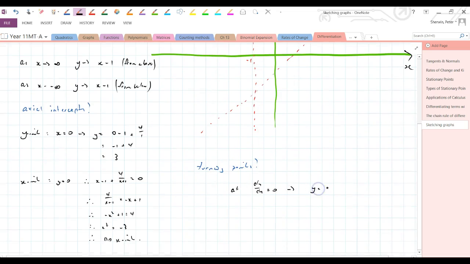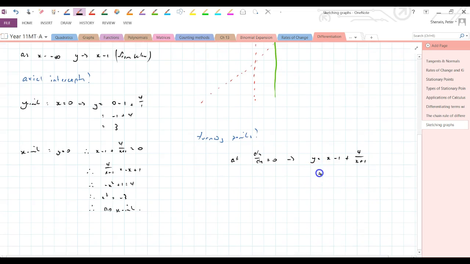So we've got y equals x minus 1 plus 4 over x plus 1. We need to get that in differentiable form, so we get it as x minus 1 plus 4 times (x plus 1) to the minus 1. Now it's in differentiable form, we can say dy/dx is equal to 1, that goes.